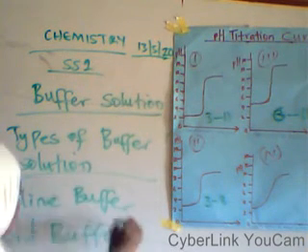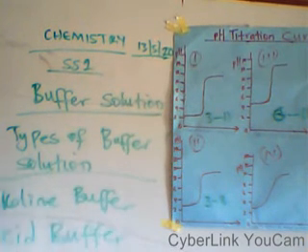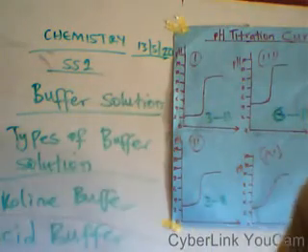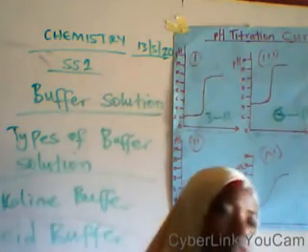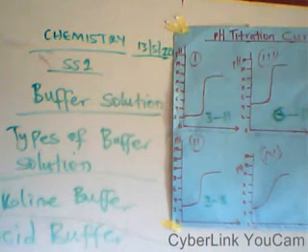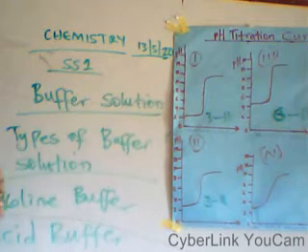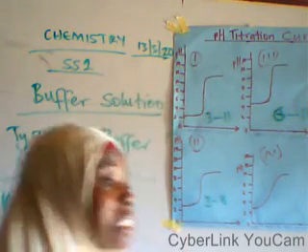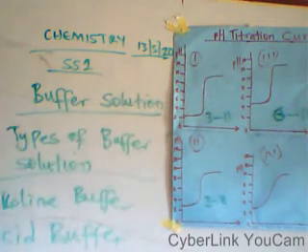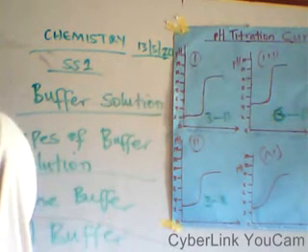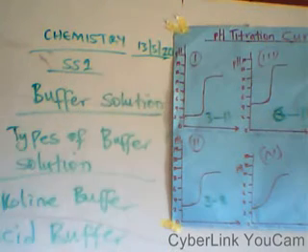Alkaline buffers are solutions that contain a weak base and its salt, for example, ammonium hydroxide and ammonium chloride. That is an example of alkaline buffer.